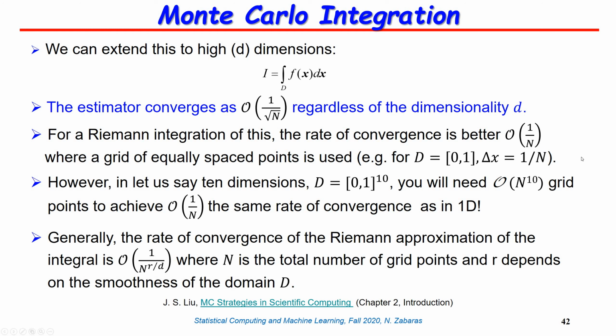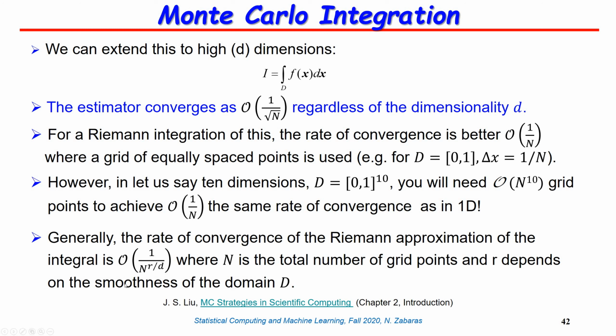So the number of points that you will get for a Riemannian approximation of the integral will be prohibitive. Now, more generally, if you need to integrate in some subdomain in high dimensions, let's say d here, the convergence, and I showed you this formula before, is 1 over n to a power r divided by d, where r defines the smoothness of the domain, and d is the dimensionality of the problem.